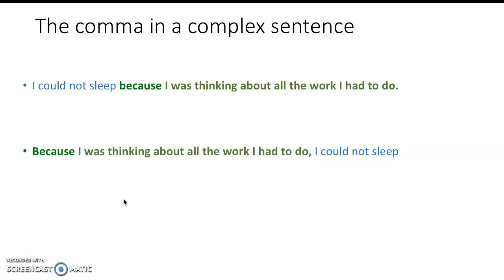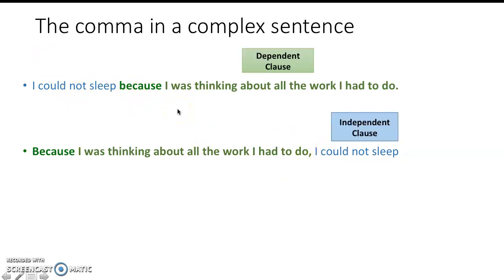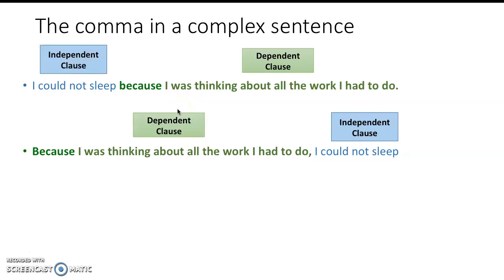Okay, now this is interesting. You tell me, but depending on how you structure the sentence, it's going to require a comma. Okay, here. If you start with the independent clause: I could not sleep because I was thinking about all the work I had to do.